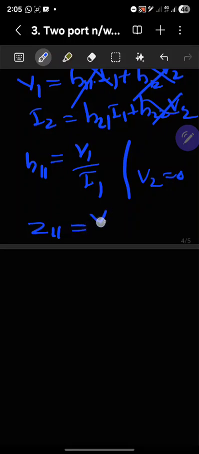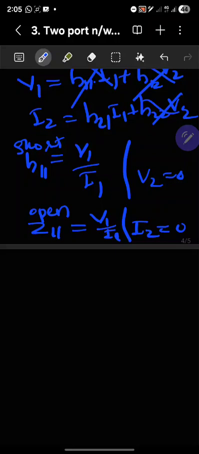Z11 is also V1 by I1, but the condition is different. That is very important. There I2 is equal to 0, and it is called the open circuit input impedance, while this is the short circuit input impedance. So we have to analyze all these things, because questions can be framed anywhere. We have to understand this properly and logically, not by rote.